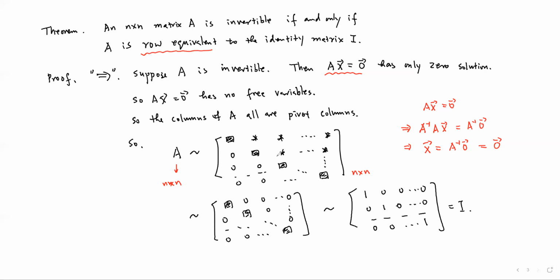Now I can use the non-zero numbers on the main diagonal to eliminate the numbers above, and finally scale to get the identity matrix. Therefore, if A is invertible, then A is row equivalent to the identity matrix, meaning it can be reduced to the identity matrix. This is one direction.